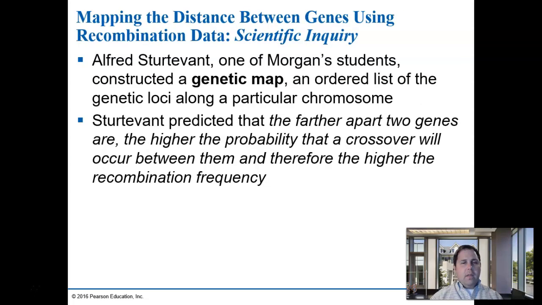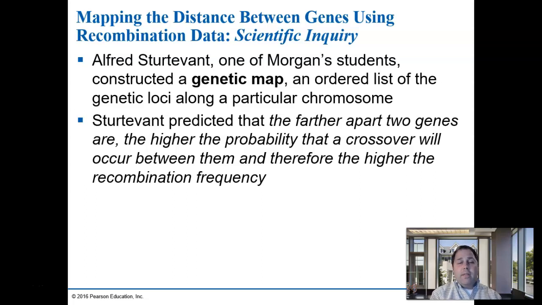Another benefit of doing this recombination frequency calculation is that we can use recombination frequency as a measure of how far apart on a chromosome 2 particular genes are, how far the loci are. So the further apart the genes are, the higher the probability is that there's a crossover. The lower the number is, the less of a probability.